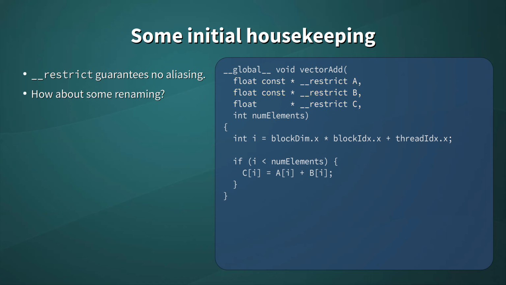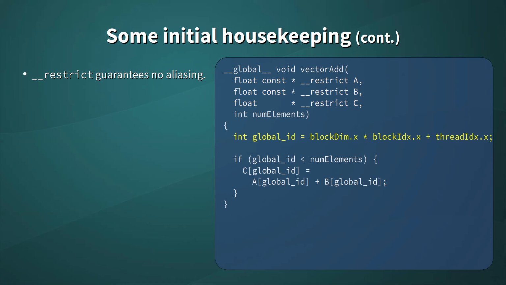And let's also do a bit of renaming as part of this initial housekeeping. I don't really like generic or super generic variable names. So I've taken the first line, which actually gives us the numeric ID of the current thread within the entire grid.